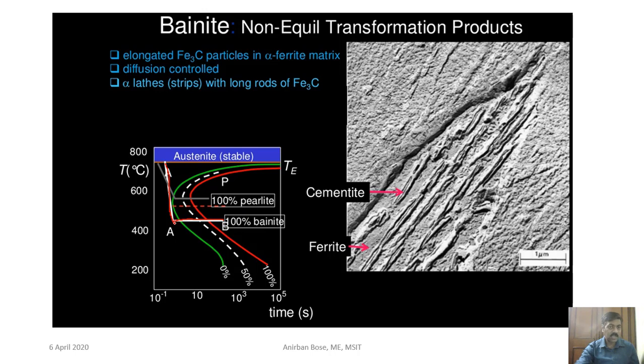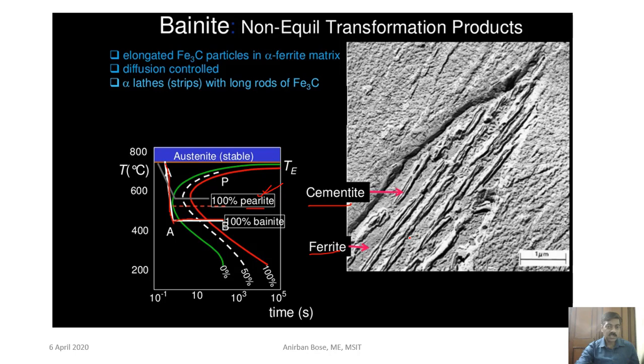Since this is happening at a very low temperature, a very fine structure will be formed, and so bainite has a very fine needle-like cementite you can see. So here the ferrite and cementite are present, but not in a laminar structure like pearlite. It is a bainitic structure, not the laminar structure that pearlite has. You can see the cementites are now in the form of needles in the ferrite matrix. So these kinds of structures you will get in the bainite.